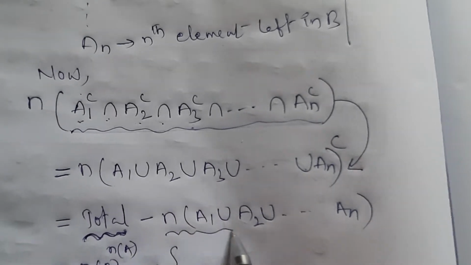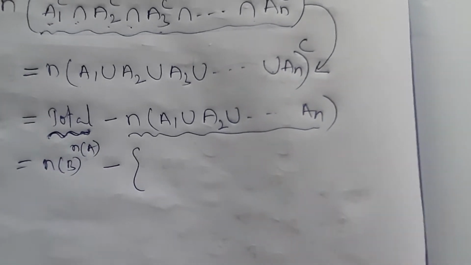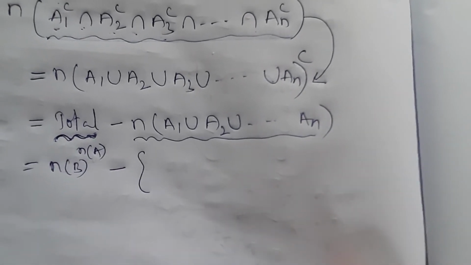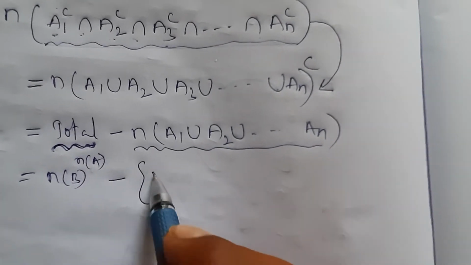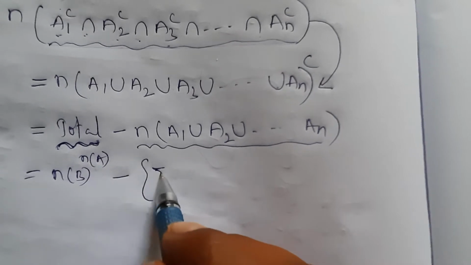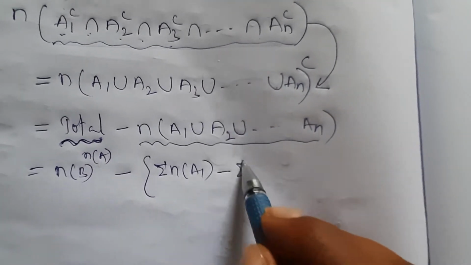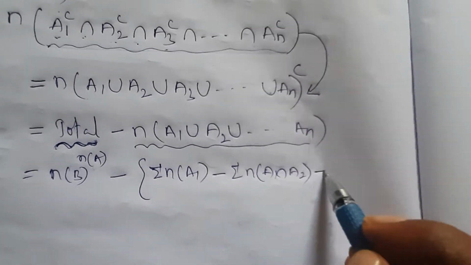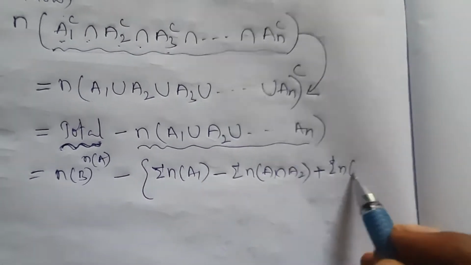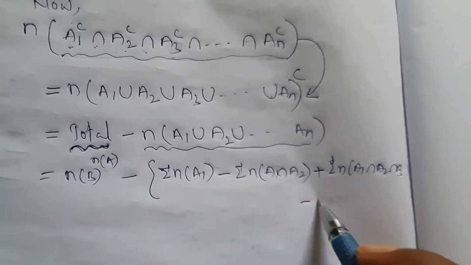Now again, here is the formula of the principle of inclusion and exclusion. In the previous lecture we gave: sigma n of A1 minus sigma n of A1 intersection A2 plus sigma n of A1 intersection A2 intersection A3 minus, and so on.